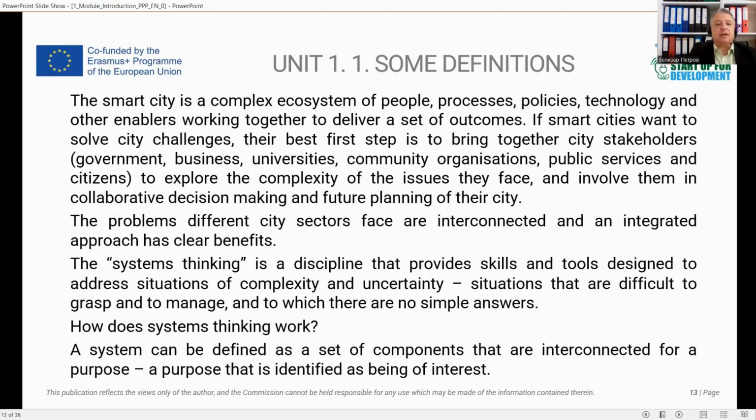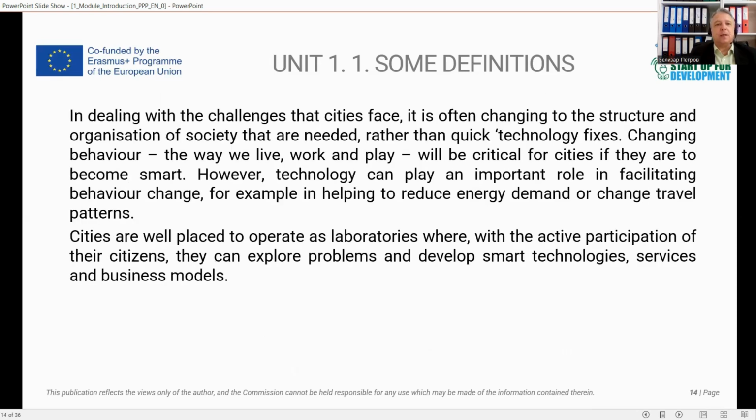A system can be defined as a set of components that are interconnected for a purpose that is identified as being of interest. In dealing with the challenges that cities face, it is often changes to the structure and organization of society that are needed rather than a quick technology fix.